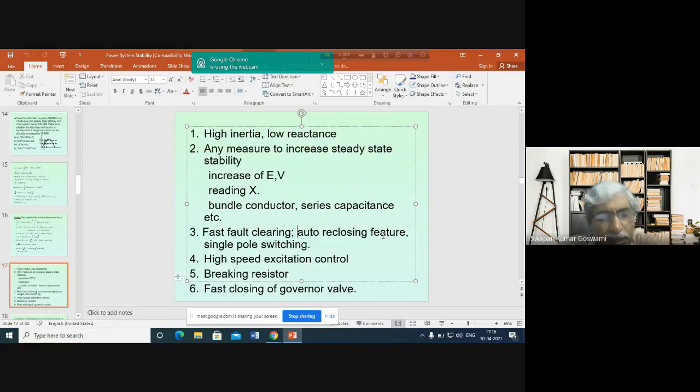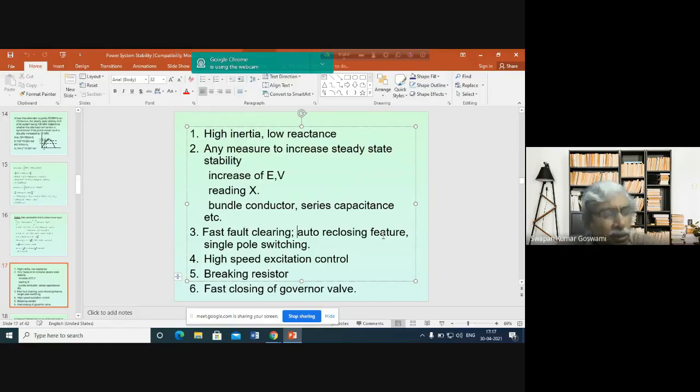By the term transient fault, we mean that the fault has just occurred, and if you de-energize the transmission line for a short while and re-energize it, then the fault will go away automatically. This is the nature of most faults. At least 80% of the faults are of this nature.